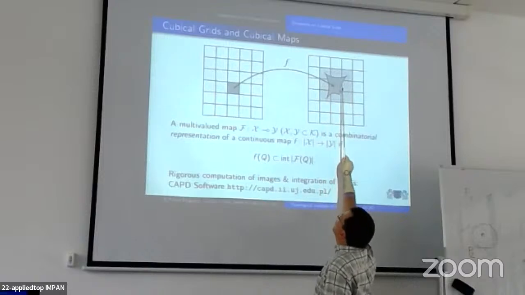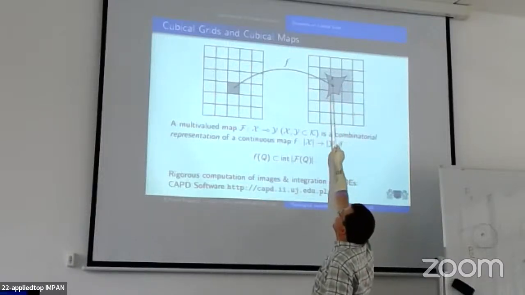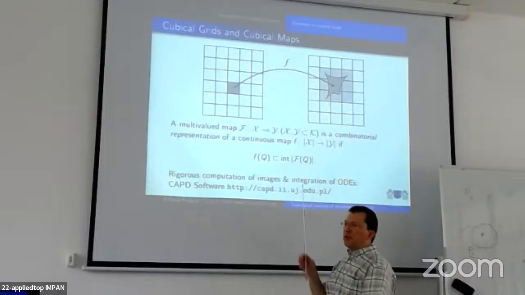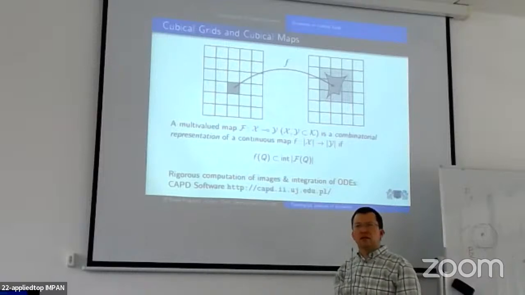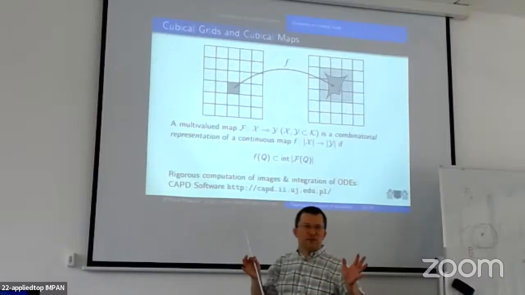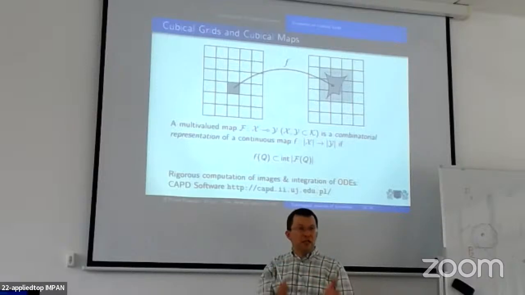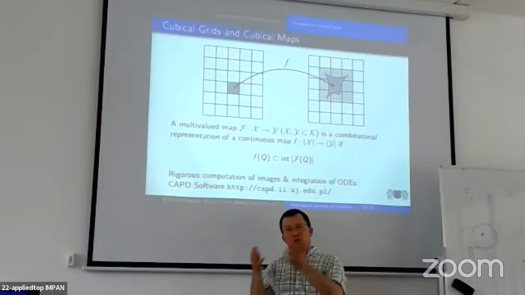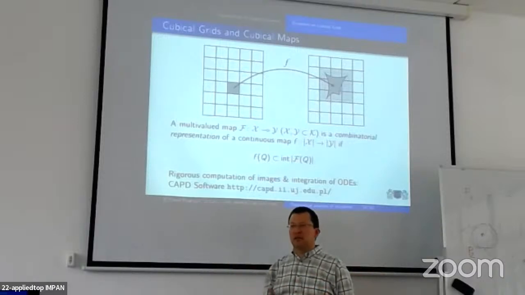We use interval arithmetic for enclosing this image in a product of intervals. Do you know what interval arithmetic is? I can say in one sentence. Instead of working with numbers, you work with intervals. And the result of an operation is an outer bound for all the possible results.